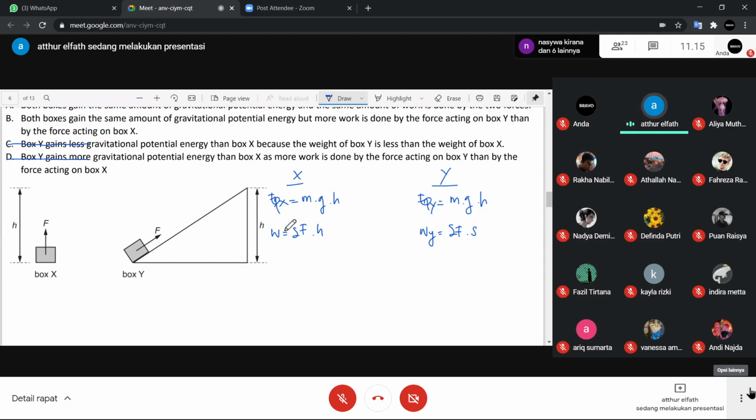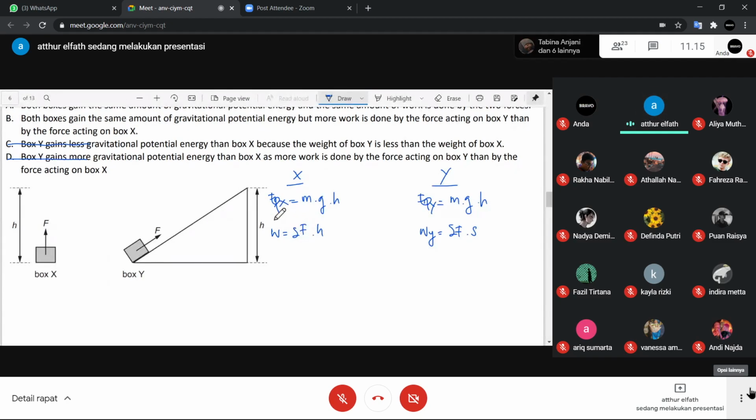For Y, the work depends on the track. Let's say this track is from the bottom to the top. It does not depend on the height, but for the X box, it depends on the height. Let's talk about the forces.